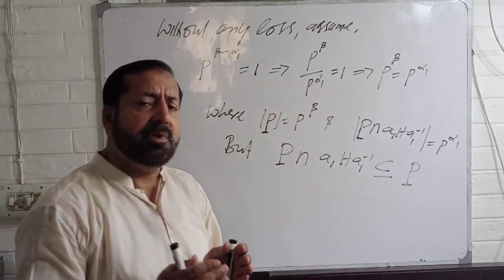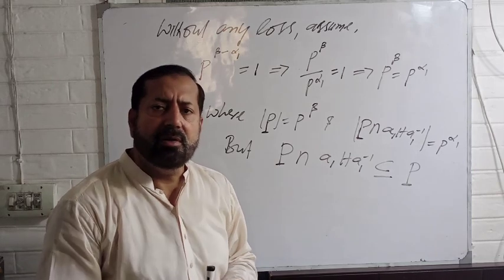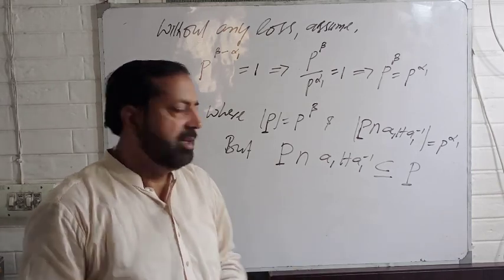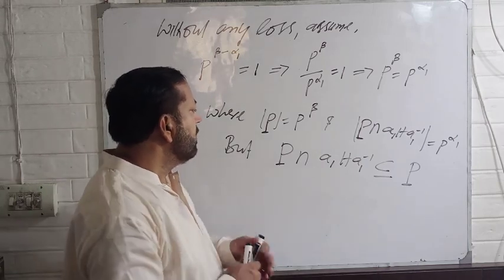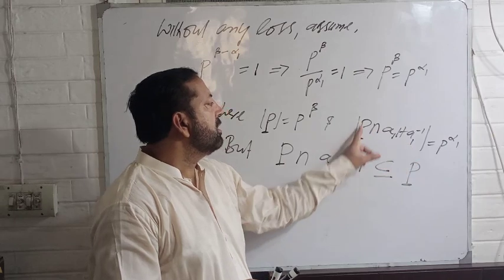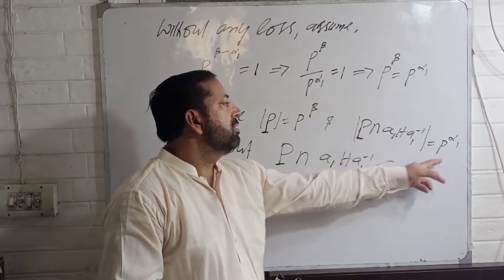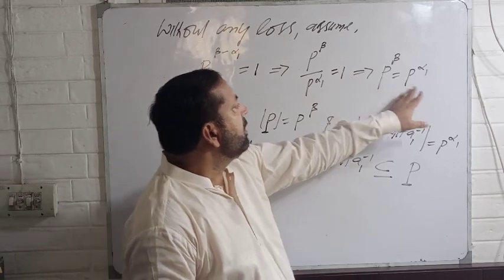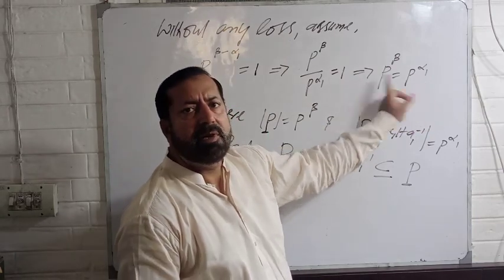If you have a subset of the same order as its superset, then both are the same. P intersection this one is a subset of this with the same orders. P power beta is equal to P power alpha 1 with the same order.